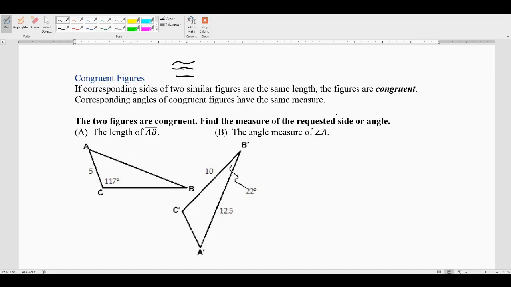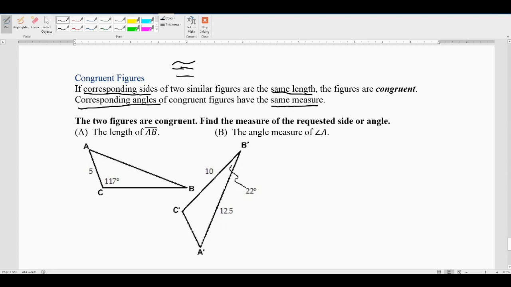That's what that means. So all the angles are equal, all the sides are equal. So corresponding angles are the same measure, and corresponding sides have the same length. That's the main things to know about congruent.